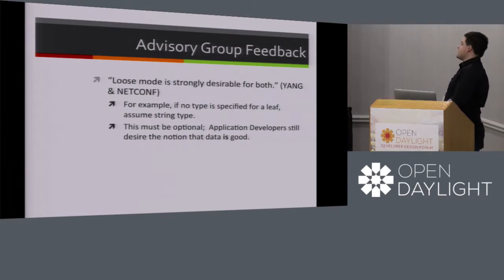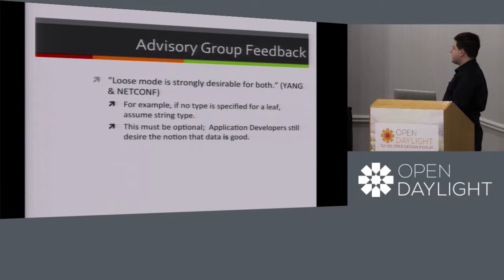Another piece was a loose mode, and this is both for Yang and NetConf. This one's a little bit more debatable. I've heard both ways on this one. When I talk to Robert, he often says that application developers really want to depend on the model and the validity of the data as it's enforced by Yang.